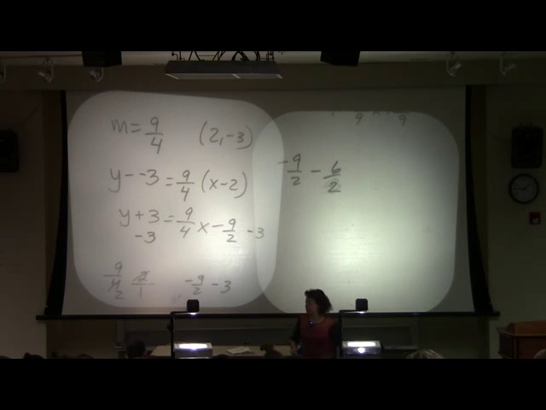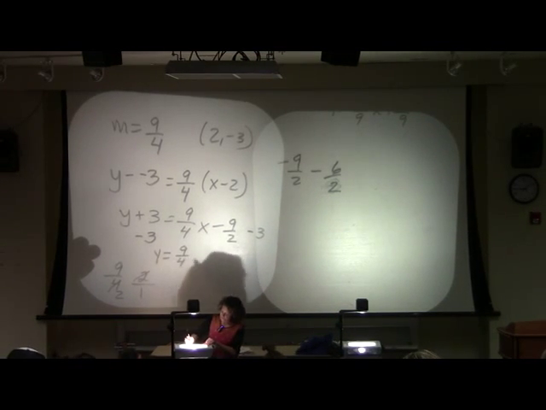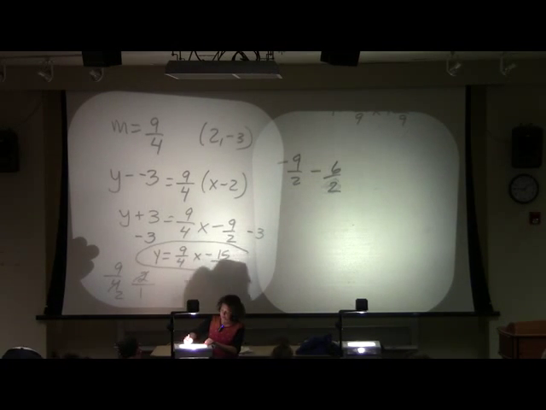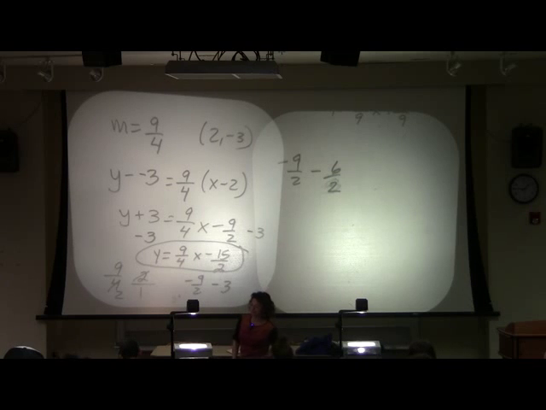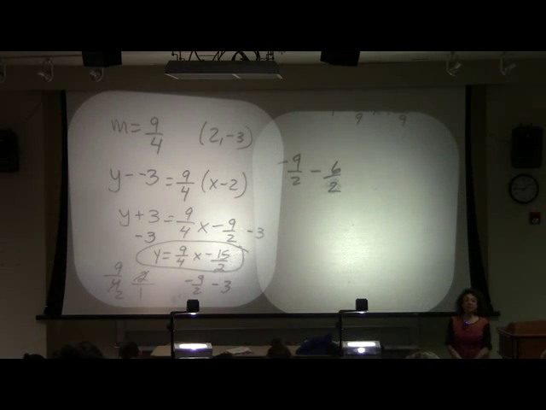Minus 15/2. So we're going to get y is 9/4 x minus 15/2. And yes, if you want to write that as a decimal, go for it. Did anyone do their y equals mx plus b way? Me either.